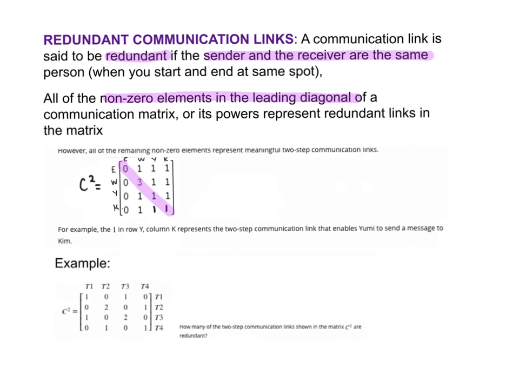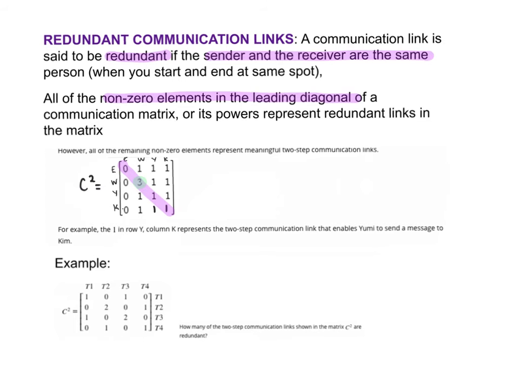All right, so here in your notes, we've said the redundant communication link. That's the one on the diagonal, and it's when you're sending a message to yourself or the same person, and all of the non-zero elements we don't really take into account. We don't need to take that into account in the matrix because it's silly.